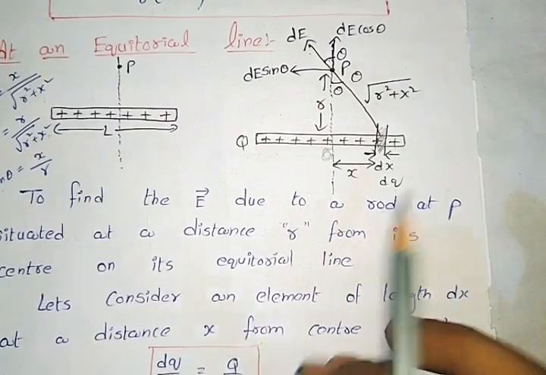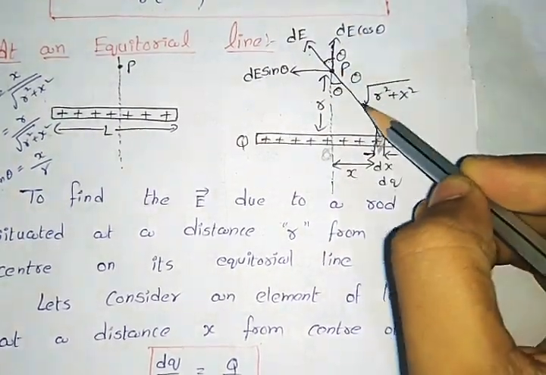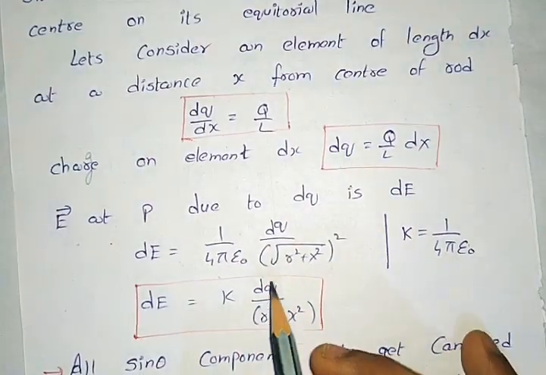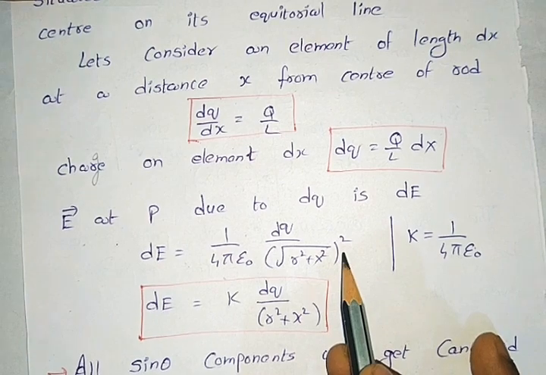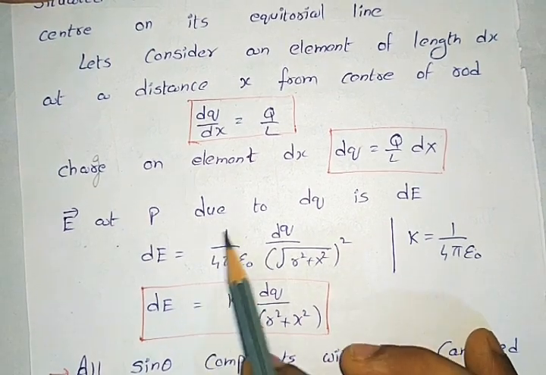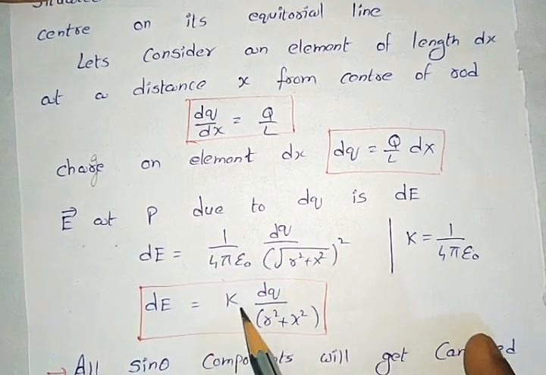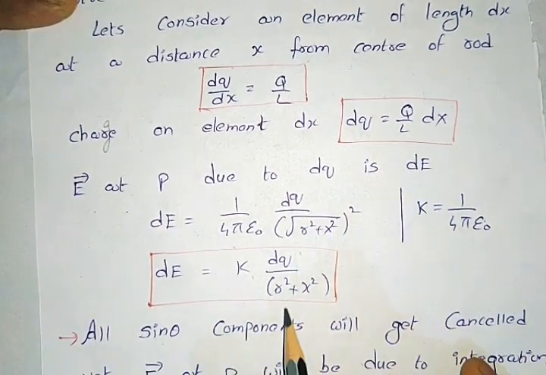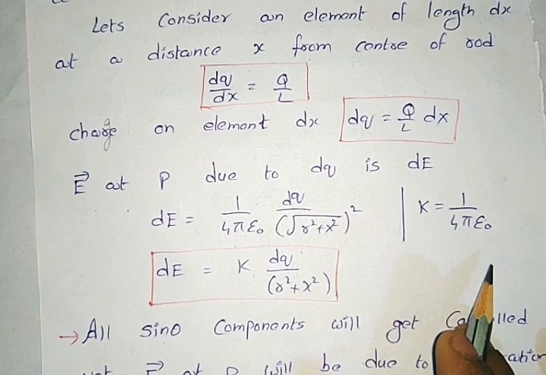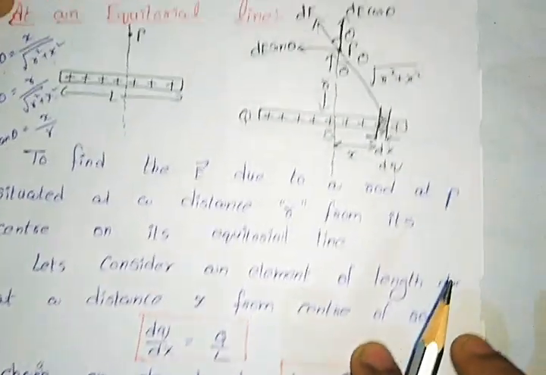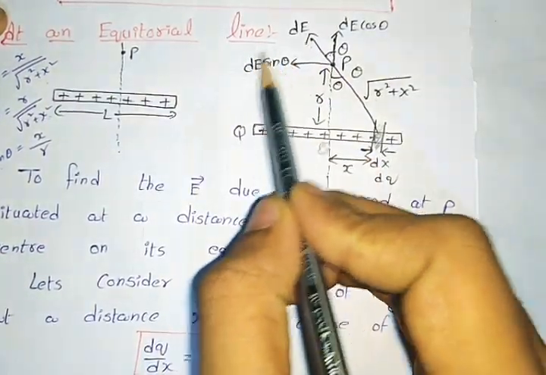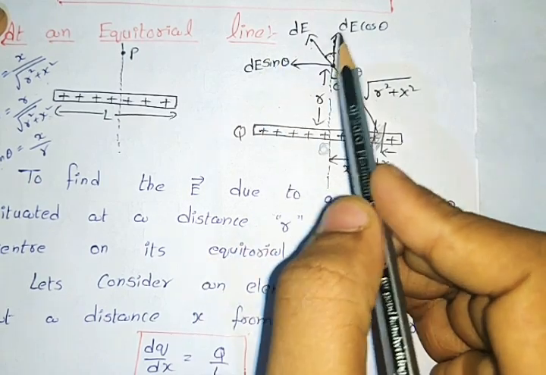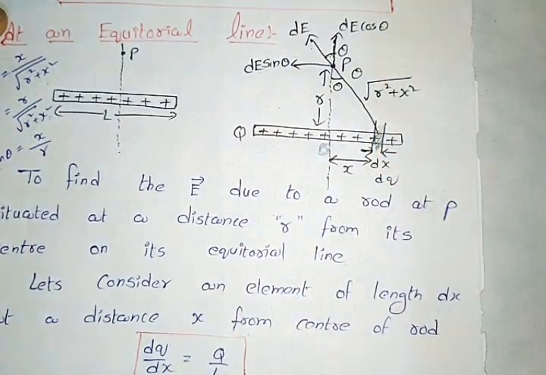The distance is root of r square plus x square, so it is squared. In place of 1 by 4 pi epsilon naught I will substitute k. So the root and square get cancelled, and we get dE equals k dq by r square plus x square. As we have already discussed, by symmetry all the dE sin theta components get cancelled, we just need to integrate the dE cos theta component.